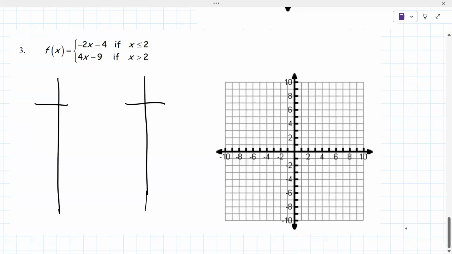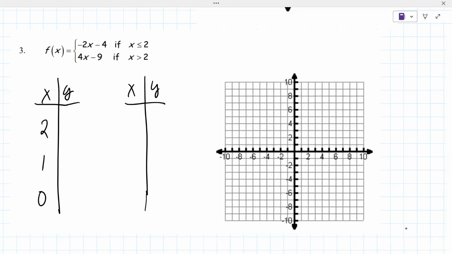Okay, so if it's less than two, so we could do like 2, 1, 0. Yes, that would be great. And then -8. Yeah, go ahead and fill it out and let me know what you come up with for your entire table, and then do the same thing for the one on the right.